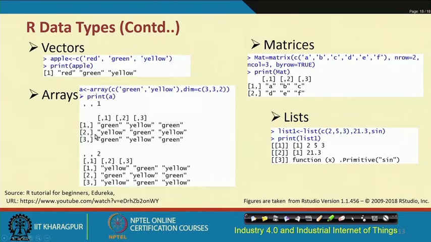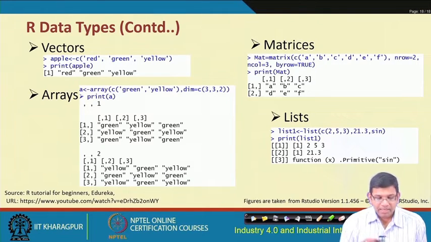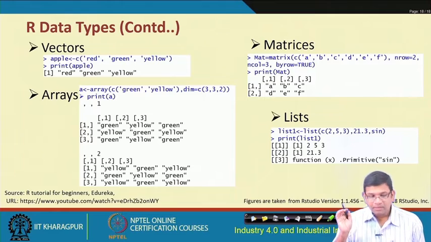So, this is one layer and this is the second layer. You could have a third one also, a fourth one also. So, you can build multiple layers of these matrices and get a multi-dimensional array, which is known as the array in R.